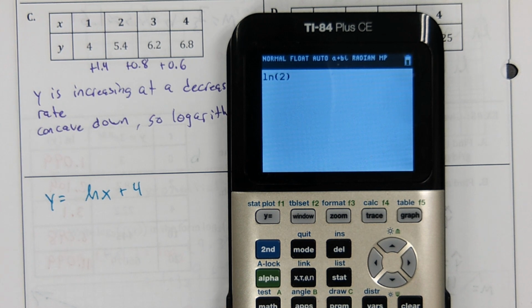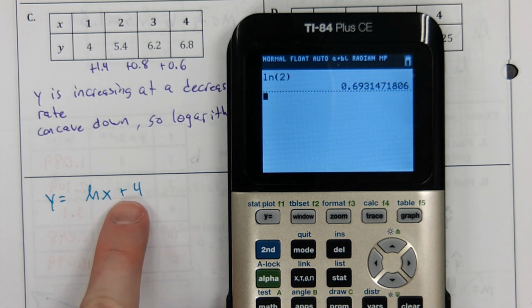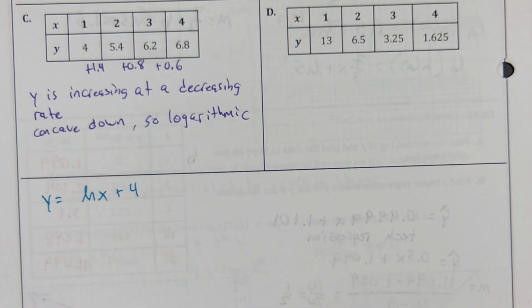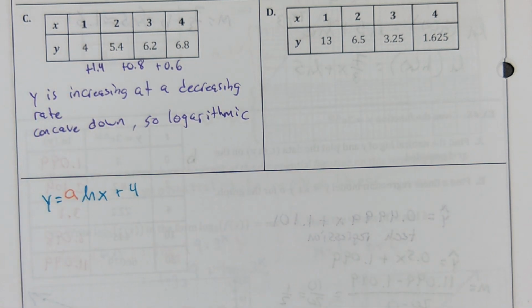Because if it is 1.4, we're done, right? Because it would be 1.4 plus 4. It's not 1.4. What that tells us is this plus 4 wasn't the only thing going on. There must be an unknown multiplier on that natural log of x, and we need to find that.